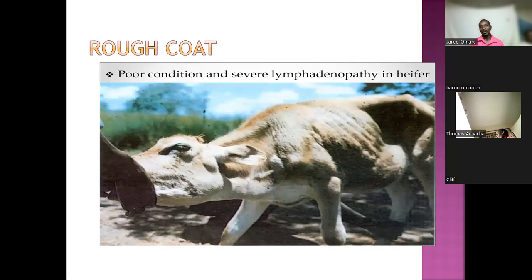You can identify the cattle that's affected by ECF by the cattle having a rough coat. As you can see on my screen, that cattle appears with a rough coat. That is, the hair is not smooth, the skin is not smooth, the hair is standing, and that is described as rough coat. That's one of the identifications of ECF in cattle.